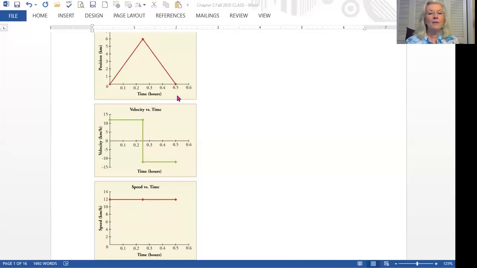And then when we come back and go in the opposite direction, that's a negative velocity. So we'll have numbers in the positive velocity direction and in the negative, so above the horizontal and below the horizontal. So sometimes you need a graph that has both positive and negative in the vertical direction. Sometimes you just need positive.